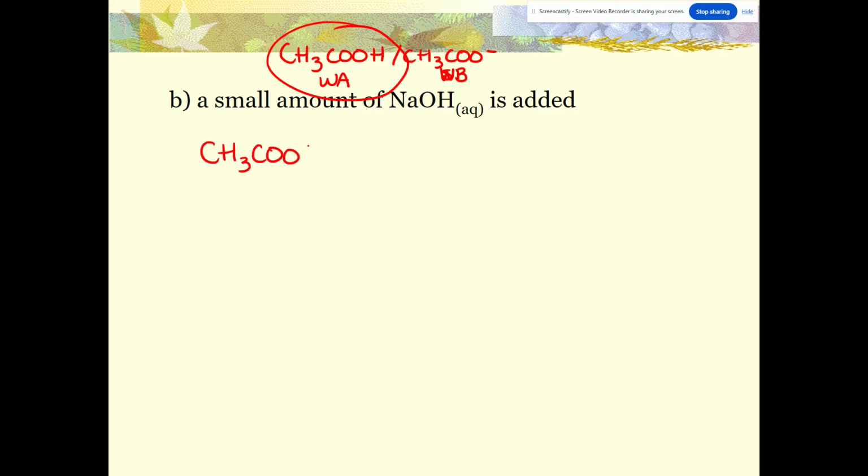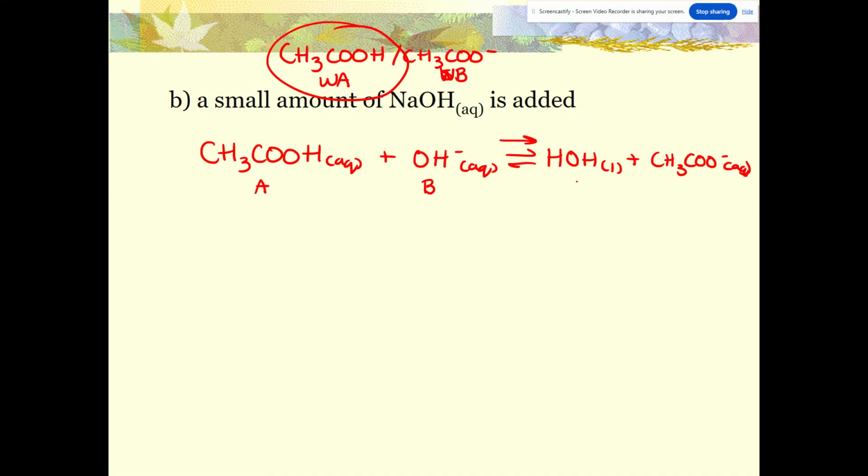So again, my acetic acid will react with the hydroxide ions that are being added to neutralize them, because we are going to produce water, which is neutral, and the acetate ion, which again we also had a large quantity of. This is why, when you're picking a buffer, it has to be a weak acid so that the conjugate base of it is strong enough to actually neutralize any acid being added.